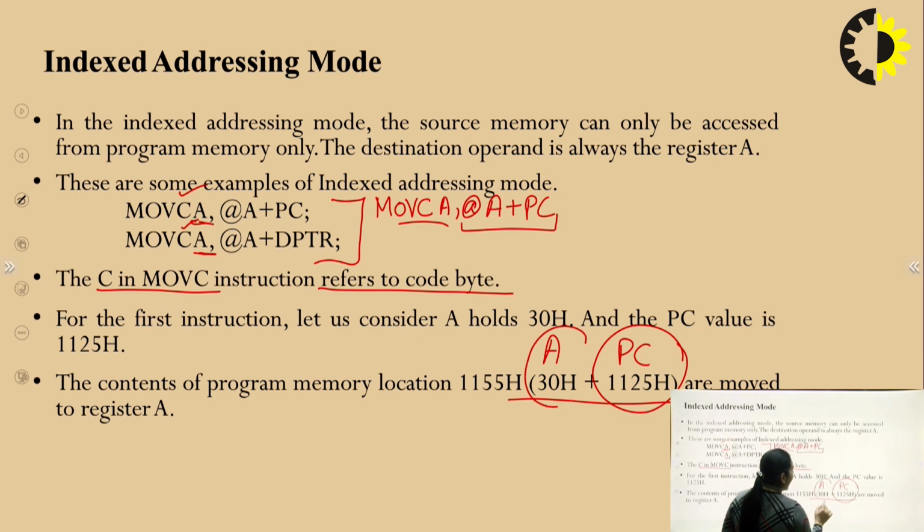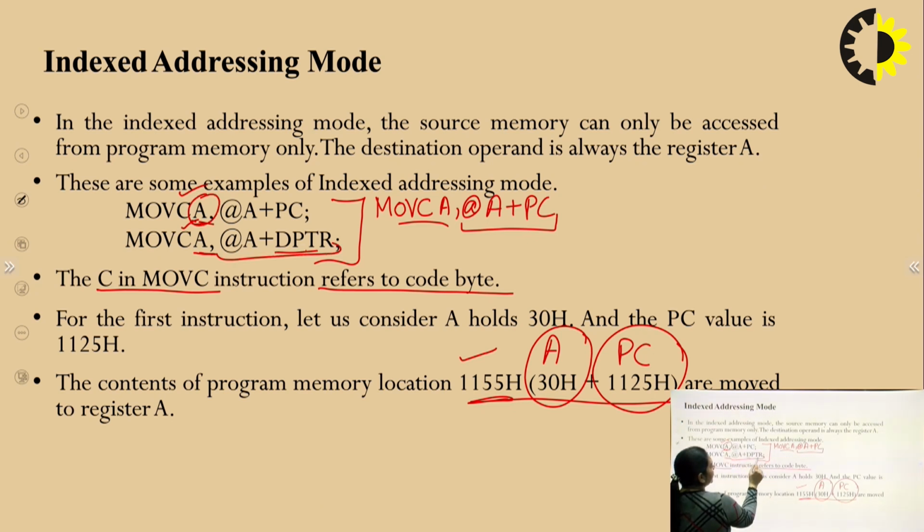If we add these, A plus PC, the answer will be 1155, and at the 1155 location in memory, whatever 8-bit data is given, that data will be copied to the accumulator. Similarly, the accumulator's contents will be added with the 16-bit data pointer's address, and that address points to some 8-bit data, and that 8-bit data will be copied to the accumulator.